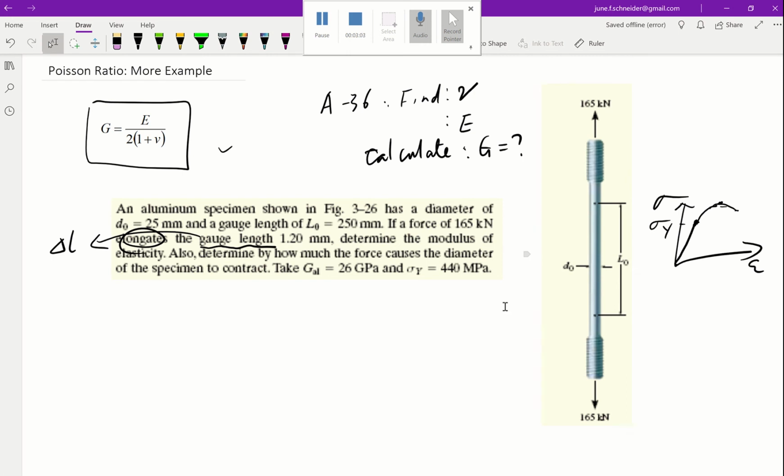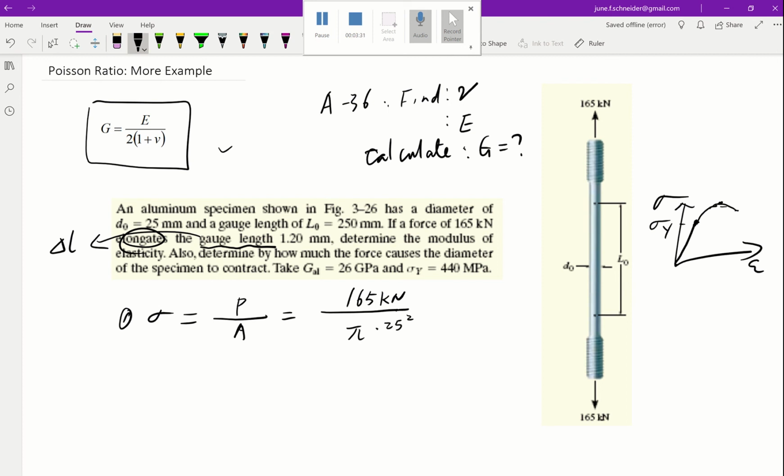So let's think about it. They give us the force 165, and we know the cross section is circular. Can we find, as the first step, our normal stress? Stress is force over area. Our force is 165 kilonewton, and the cross-section area is pi r squared, or pi d squared over 4.